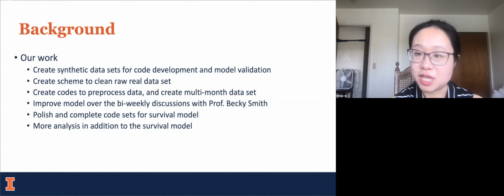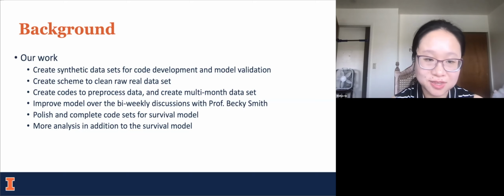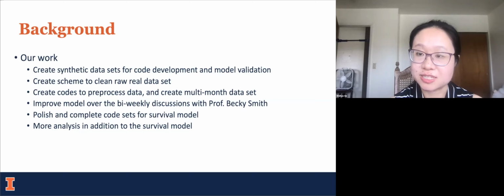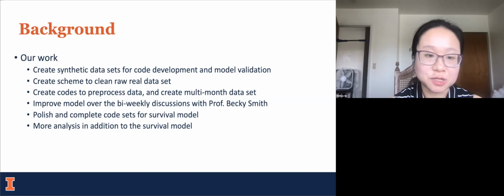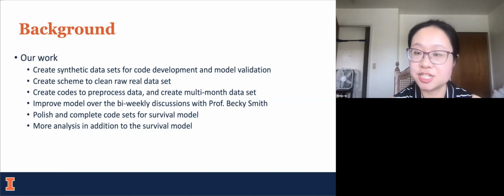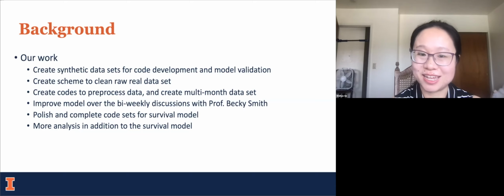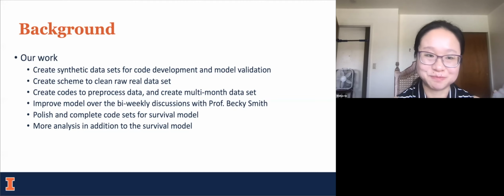Then we improved our model over our biweekly discussions with Professor Rebecca Smith, and then we polished and completed the code set for the survival model. Afterwards, we did more analysis in addition to the survival model. So although today's theme is the survival model, which we spent most of the time working on, the results presented might include a lot of other analysis in addition to the survival model.